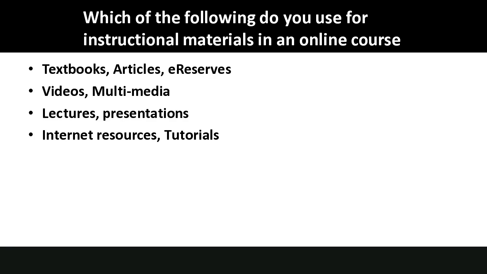Online courses especially are such a rich environment because we can embed videos and all kinds of multimedia. And then we also may be discovering or creating some sort of lecture or presentations in our course. All of these things are our content and our instructional materials.